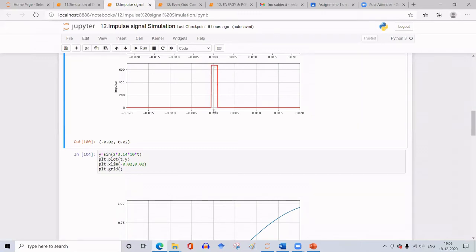To make the area equal to 1, the height of the rectangle must be 1 over the width, is it not? So in the limit as the width tends to 0, the height goes to infinity, or we say it is a line with magnitude 1, indicating that the area enclosed by that infinitesimally small rectangle is equal to 1. That is how the impulse in the continuous time domain is defined.